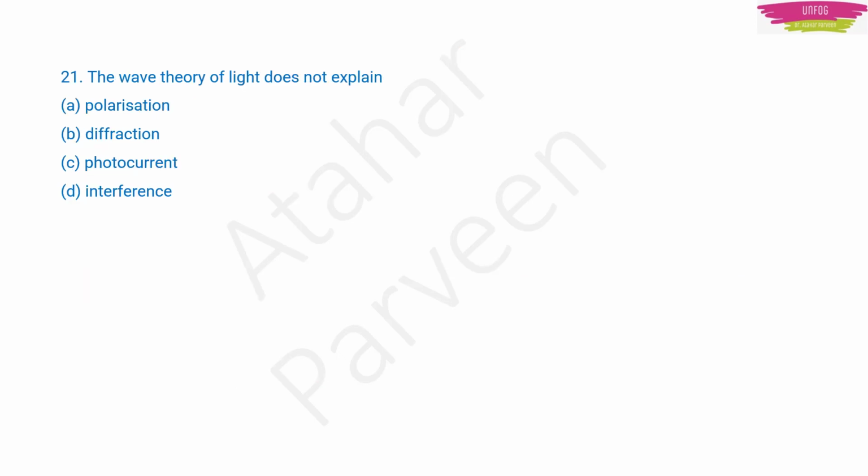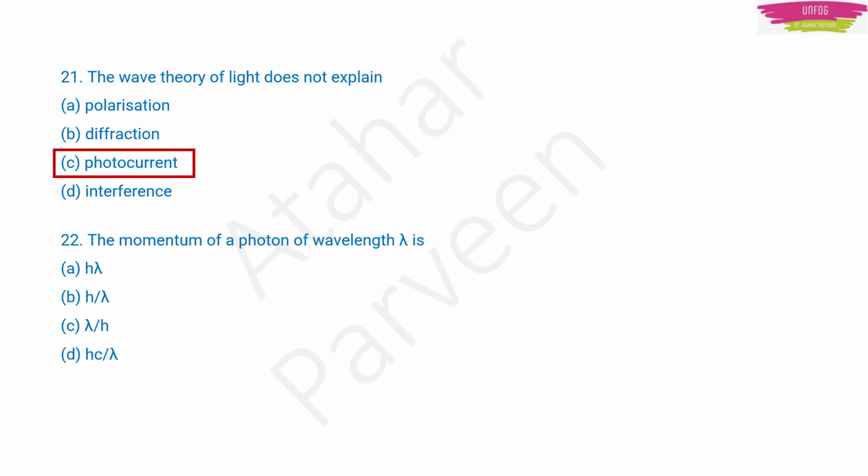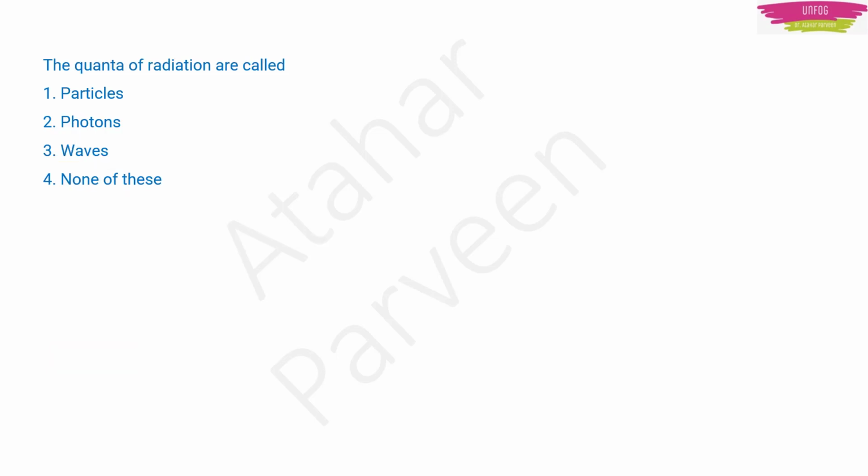The wave theory of light does not explain photocurrent, because the photoelectric effect explains photocurrent and the photoelectric effect talks about the particle nature of light. The momentum of a photon of wavelength lambda is, of course, h by lambda. The quanta of radiation are called photons, okay.